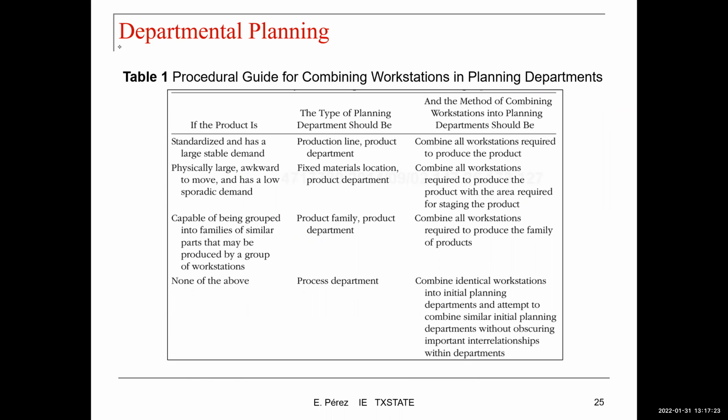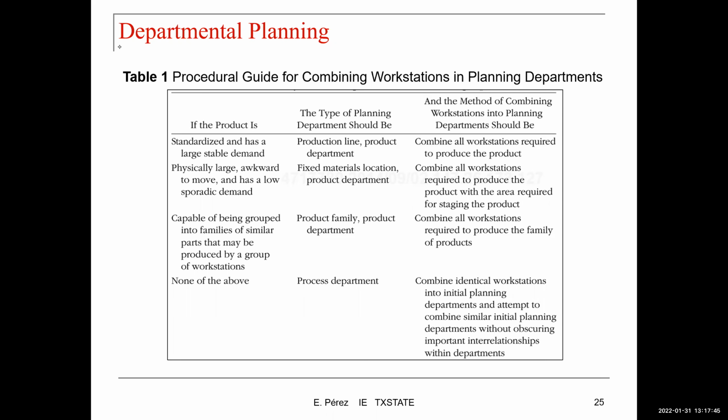This is a procedural guide for combining workstations in planning departments. So again, we have guidelines here depending on the type of product. If the product is standardized and has large stable demand, the type of planning department should be a production line with product department.